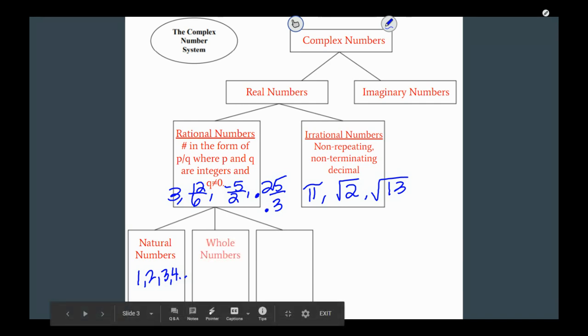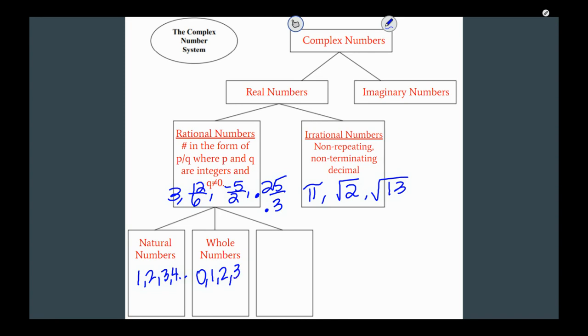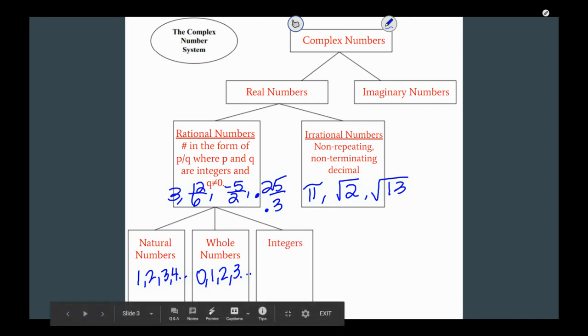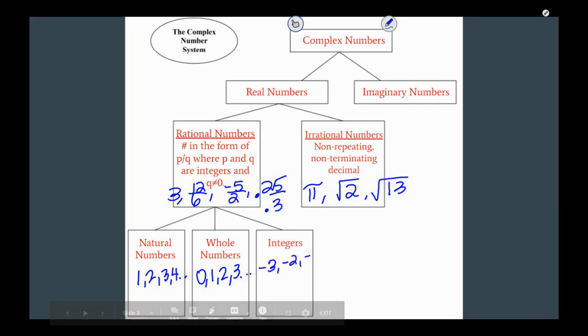You have whole numbers, which adds 0 to that list. What numbers are we missing, do you think? Negatives, yep. So our last one is integers, which includes the negative numbers.